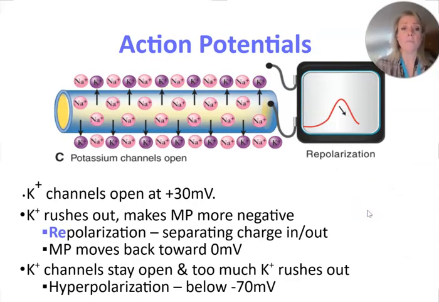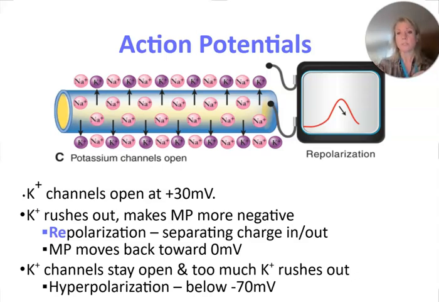Okay. Now, once our membrane potential reaches positive 30, our potassium channels are going to open, and potassium is going to rush out. So remember, potassium is positive. If we have positive things leaving the cell, that's going to make the membrane potential, the inside of the cell, more negative.